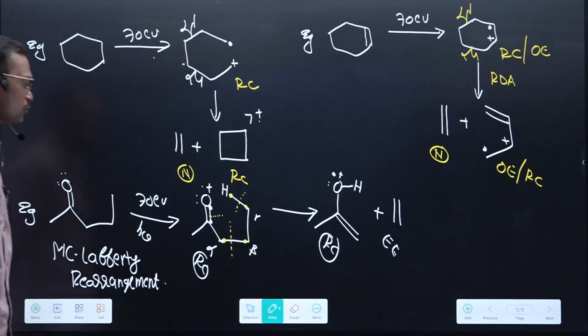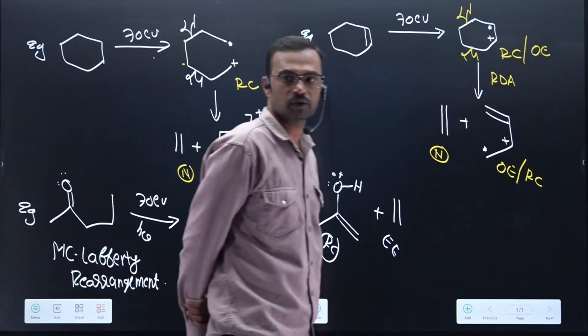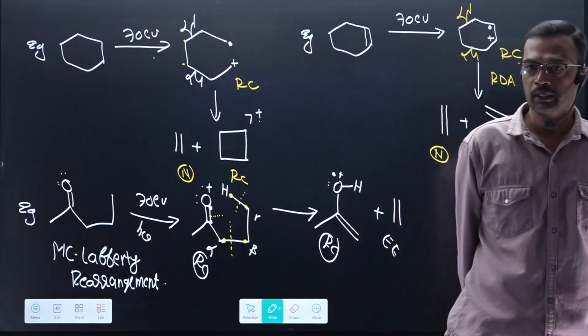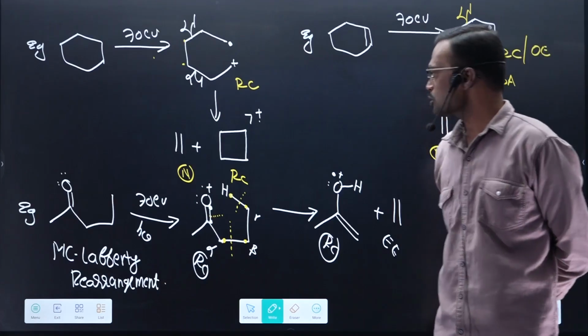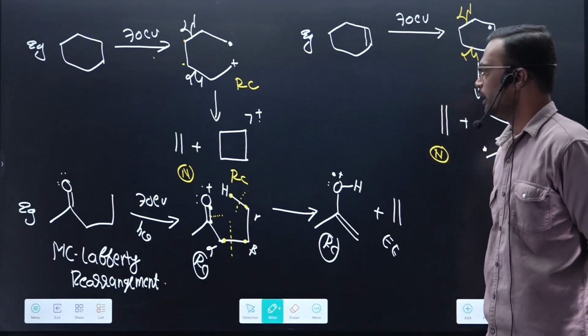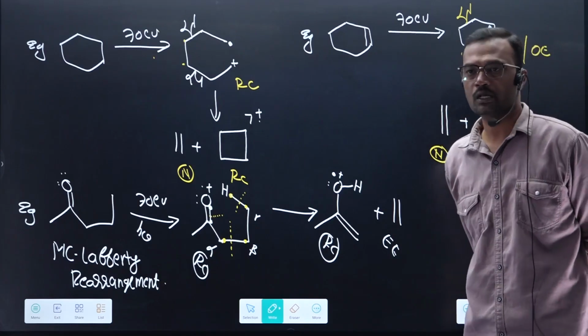Transfer of gamma hydrogen followed by beta homolysis is called McLafferty. That will come later, but right now remember what is homolytic, heterolytic, hemi-heterolytic, then followed by multi-center fragmentation.